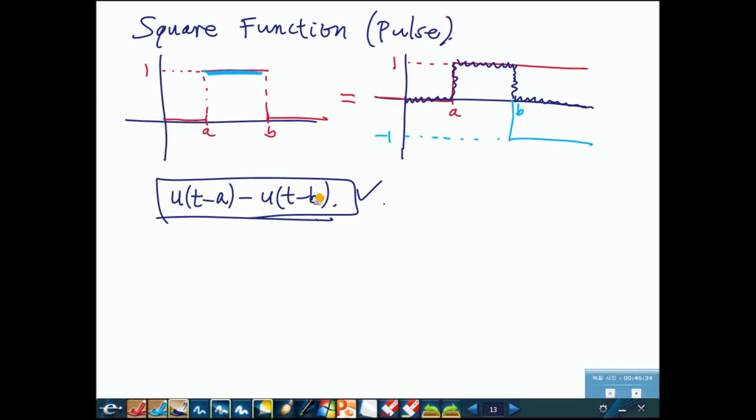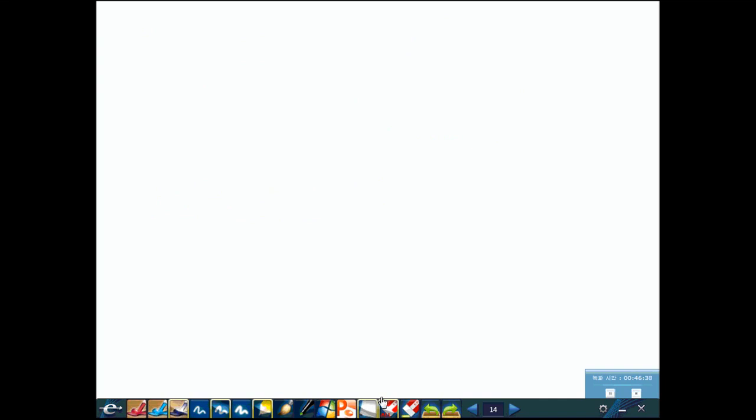Let me give you one more example from the textbook. What about u of t minus 1, minus 2 times u of t minus 4, plus u of t minus 6? The addition of many unit step functions occurs many times, so you have to understand that well.